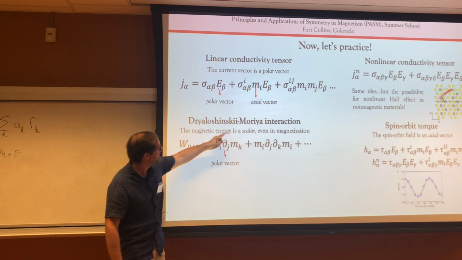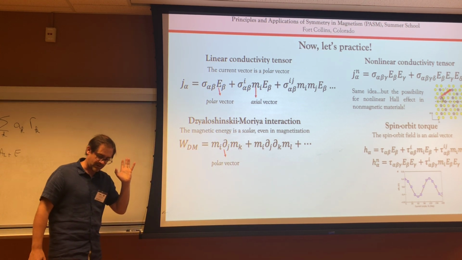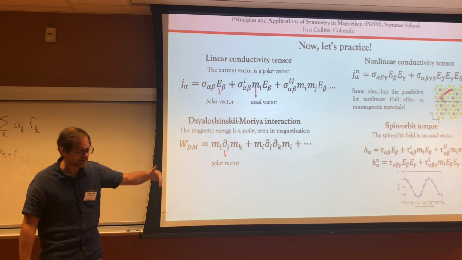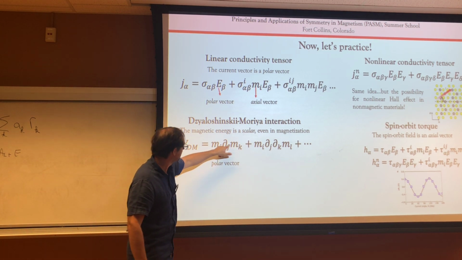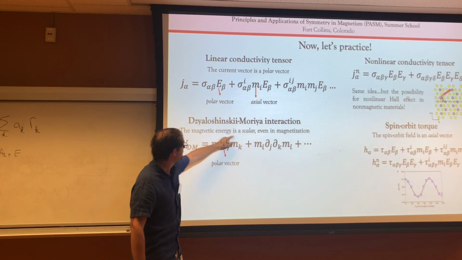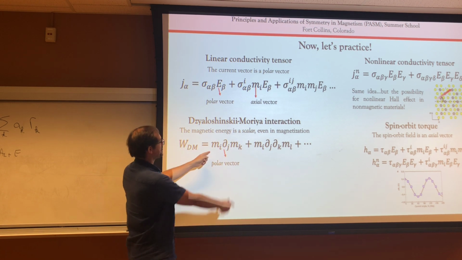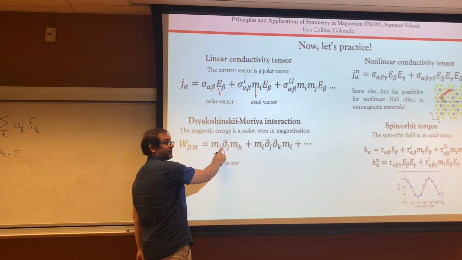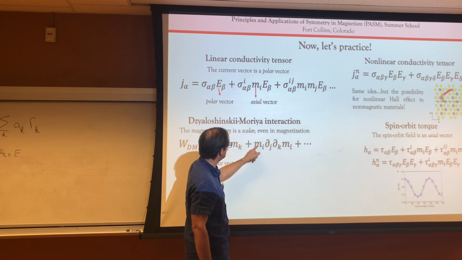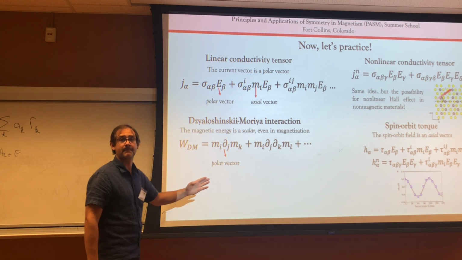We will assume that we only have, in this particular case, I will show you some cases where we have more than 2 magnetic components, but in the expansion here, the first order should be m, m, gradient m. So we have two axial vectors and one polar vector. You could also imagine two polar vectors and two axial vectors, and so on and so forth. Okay.